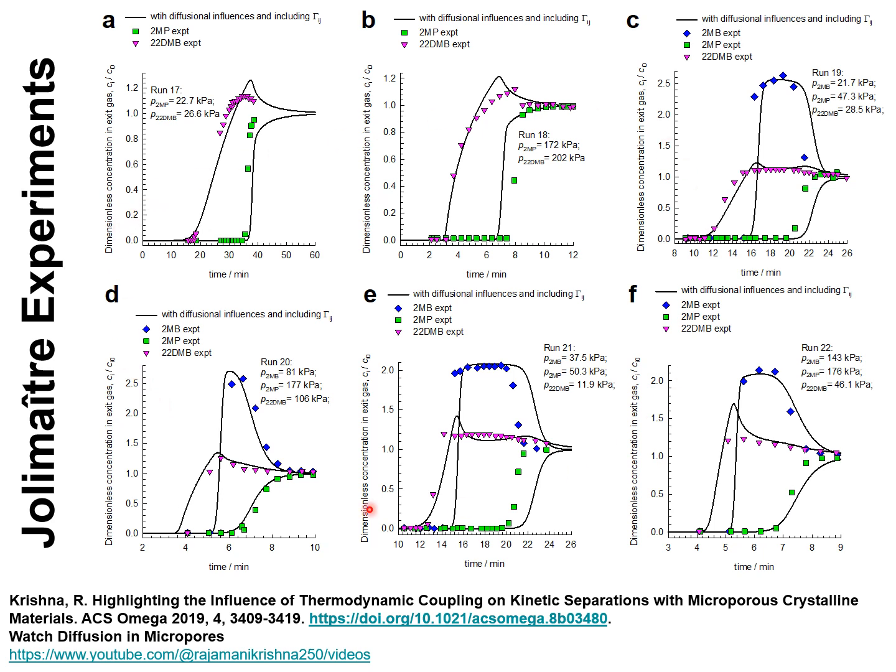The set of 6 experiments can be reproduced nearly quantitatively by a model in which due account is taken of the interplay between adsorption and diffusion using the Maxwell Stefan diffusional formulation, and the predictions of the breakthroughs are shown here by the continuous black lines.